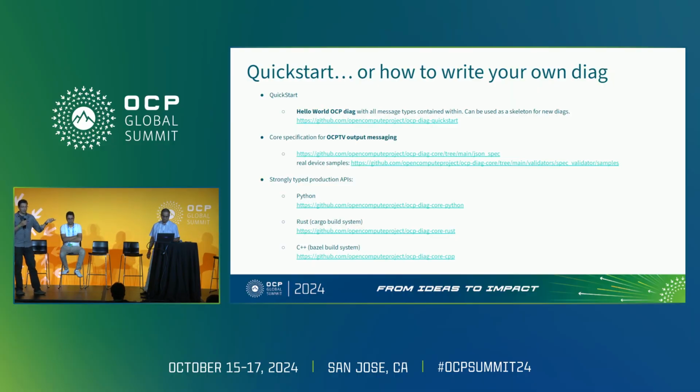This is now available in the OCP Diag Quick Start GitHub repo, in both Python and Rust bindings. Another exciting contribution: backing the C++ and Python native libraries that emit OCP compliant code, we now also have Rust native binding.